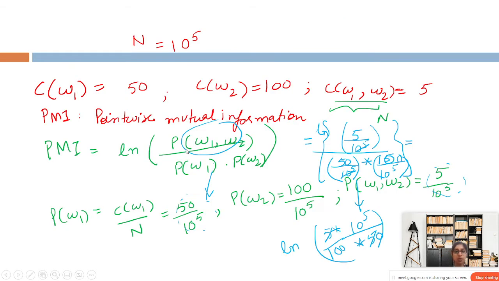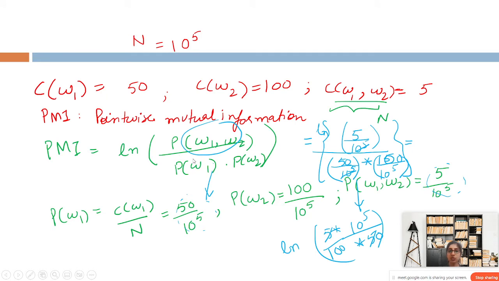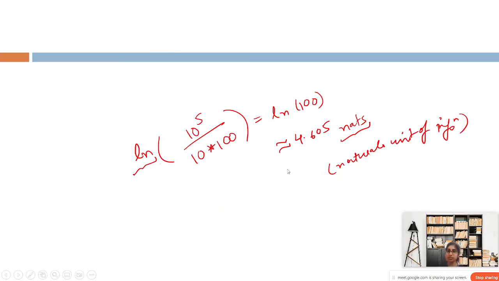And what does the formula of pointwise mutual information state? You have to take the natural log of the probability of the two words occurring together upon, in the denominator, the product of their individual probabilities. Just plug in the values and get the answer as 4.605. That is your option C. Is it clear to all?